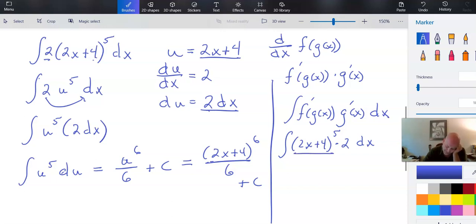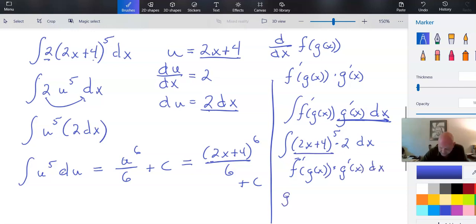So this part right here is f prime of g of x, right? And so what we're looking for is the derivative. This part right here ends up being your du. So g ends up being your u, and g prime dx is your du. So that's f prime of g times g prime of x dx.